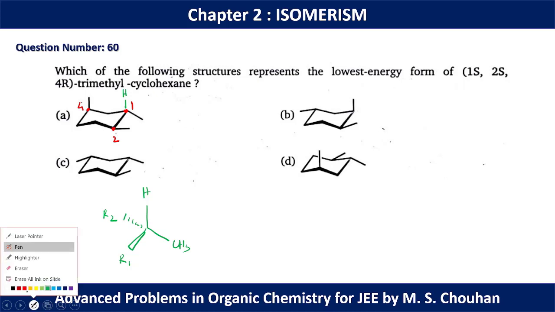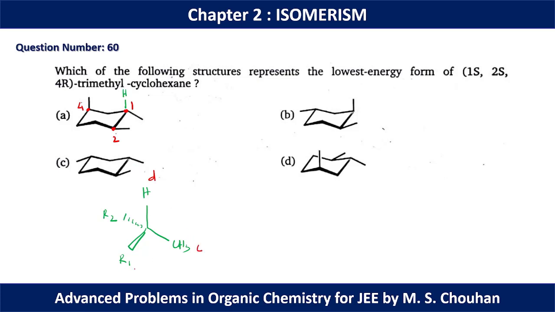Now if we go for the RS nomenclature priority order, it will become D, C, A, B. So this is for center 1. Now if we draw the Fischer projection, it will look like this, and finally it indicates S configuration. So for 1 we have S configuration.